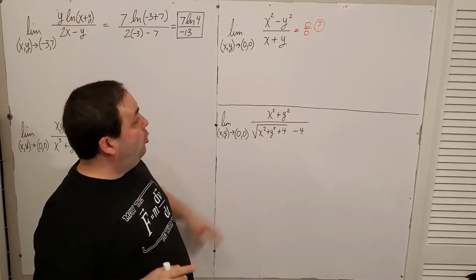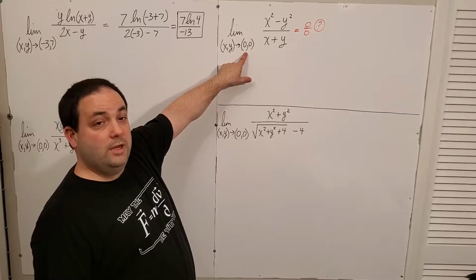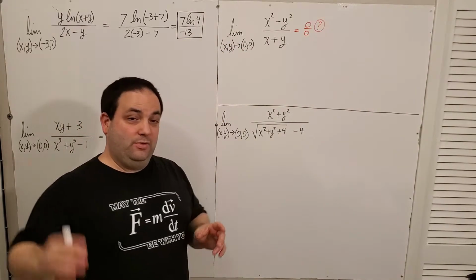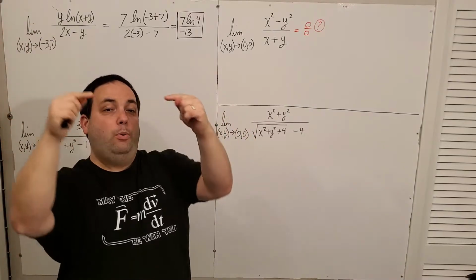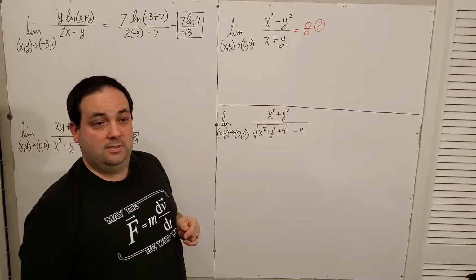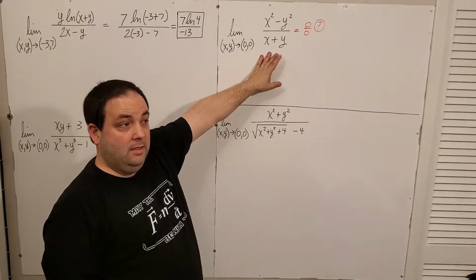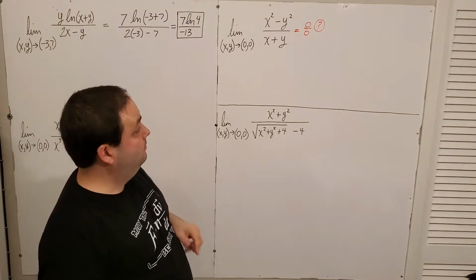It's not going to be equivalent at the point 0, 0, but that's the lovely part of limits. We're approaching the point 0, 0 from all different directions, so any simplifications I do would be valid at the other points around it.